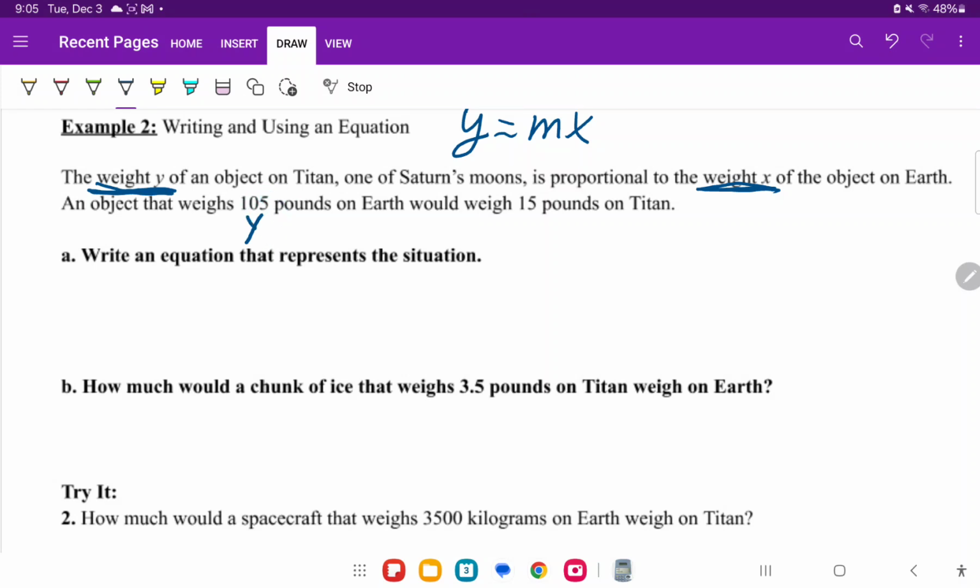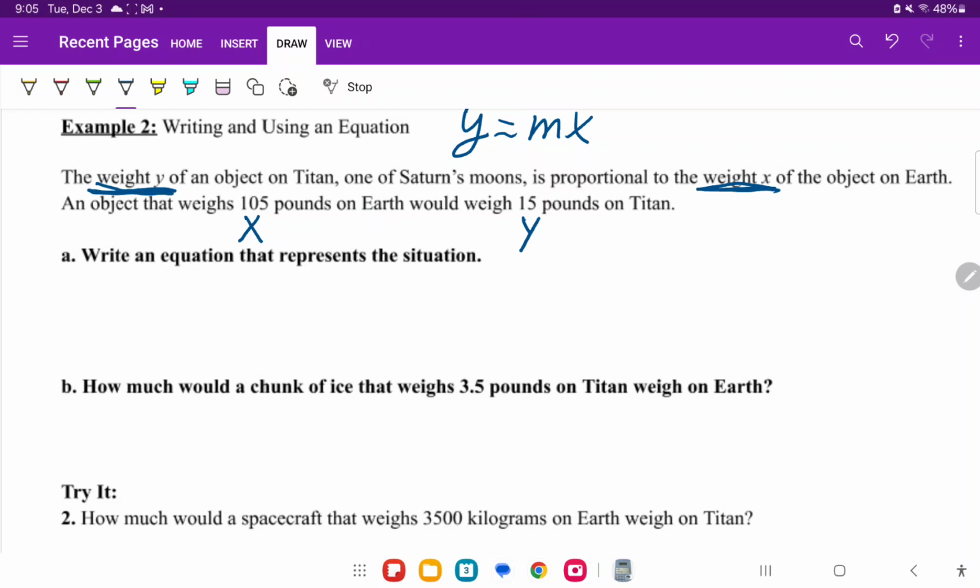No, that's wrong. That's Titan, so it's 15 pounds on Titan. So that's the y over there. And x is what it weighs on Earth.